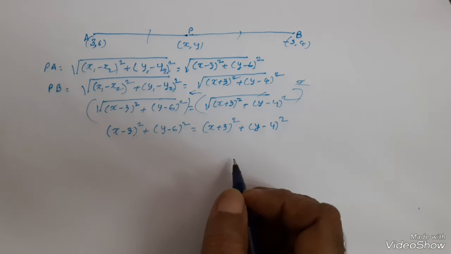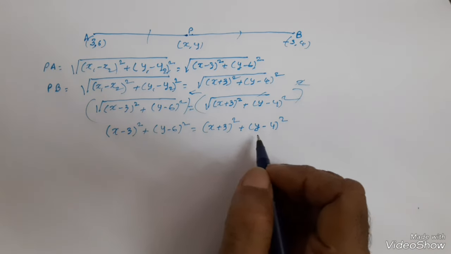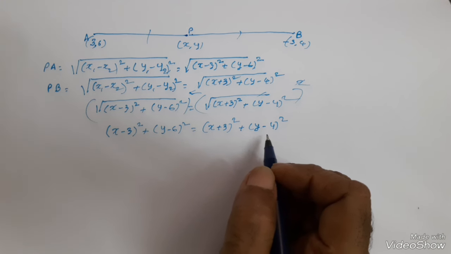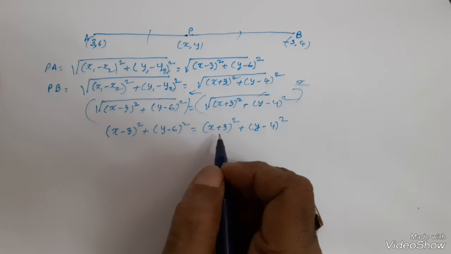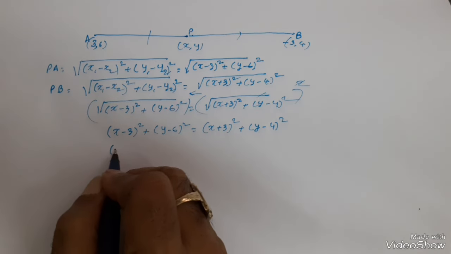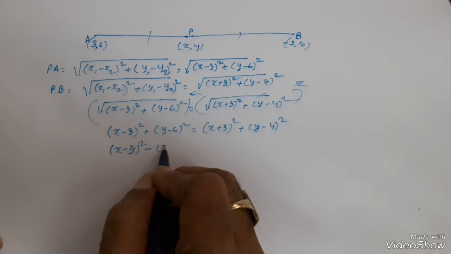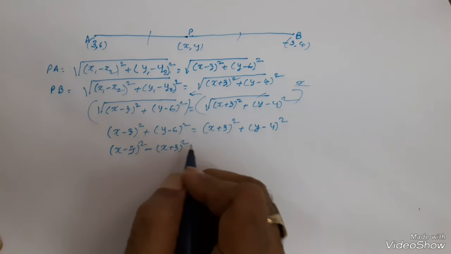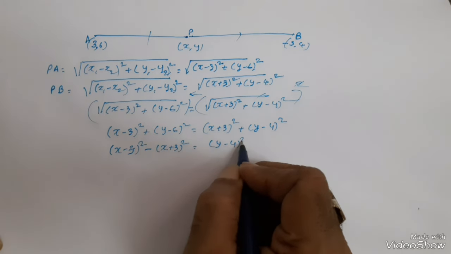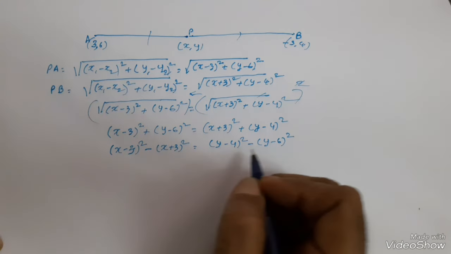One way, you can expand in the form of (a minus b) and (a plus b) forms. Otherwise, write these two terms on one side: the x terms, (x minus 3) whole square minus (x plus 3) whole square, and write the y terms on the other side: (y minus 4) whole square minus (y minus 6) whole square.